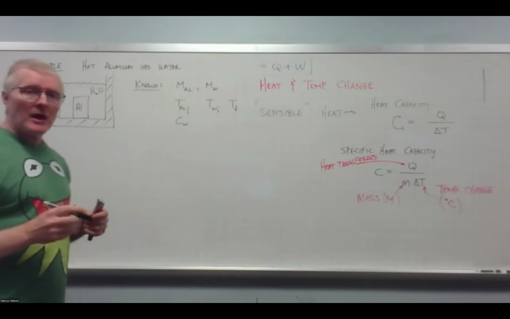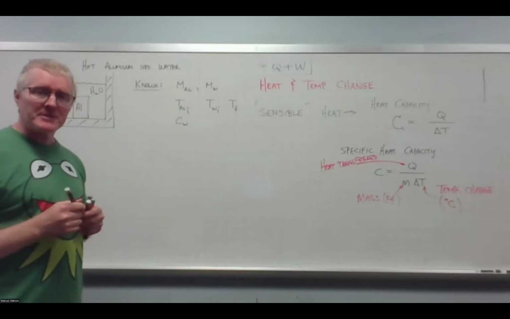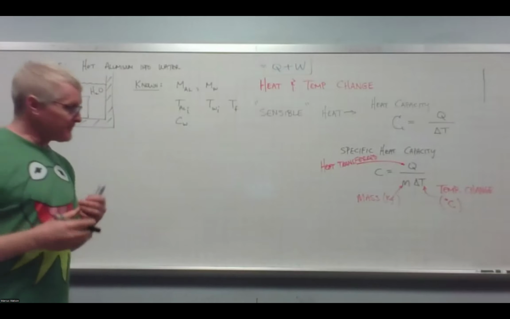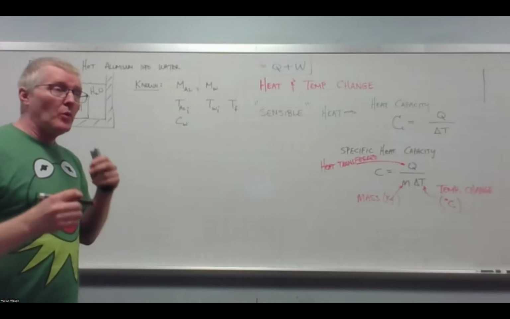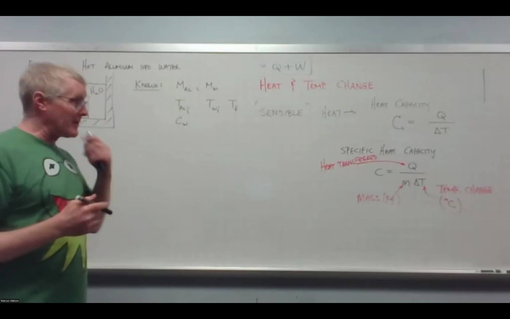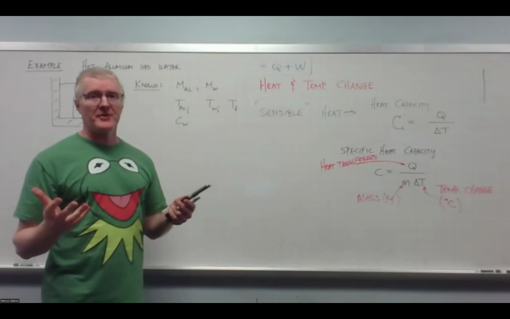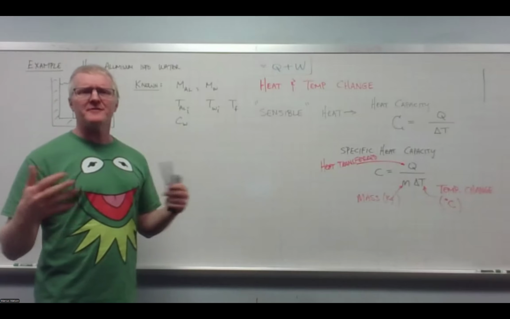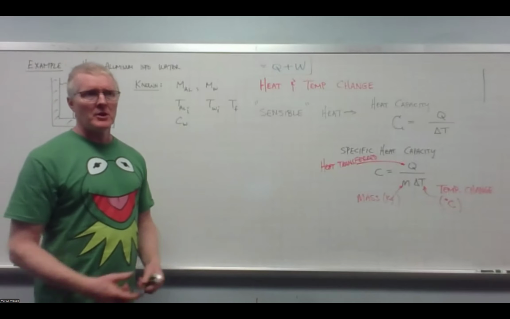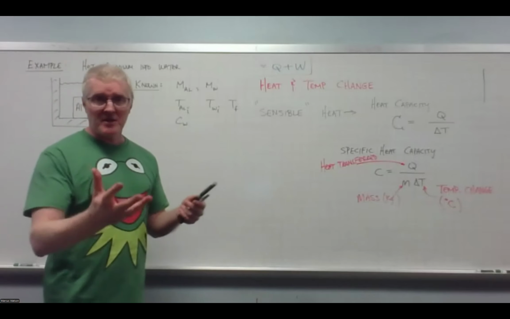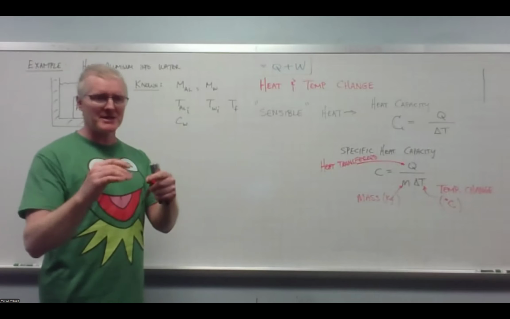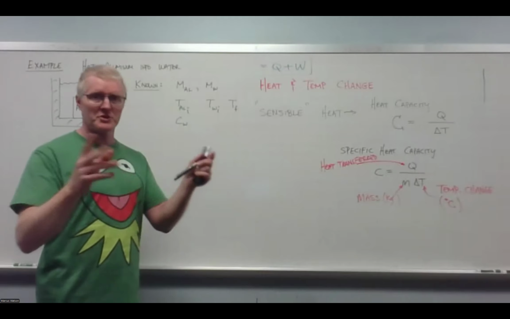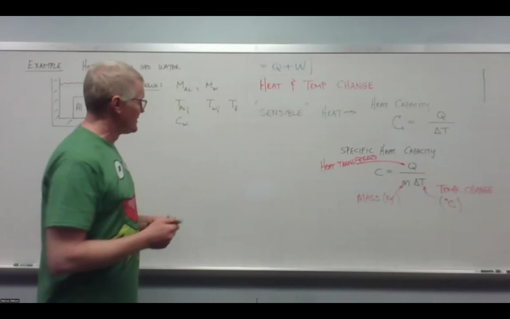Now, historical note about the specific heat of water. As with many things, water is the standard. So when people said, we need to define an energy unit, what they said was, okay, let's just take a cup of water and see whatever amount of heat it takes to raise the temperature of the water this much, we'll just call that 1 calorie.